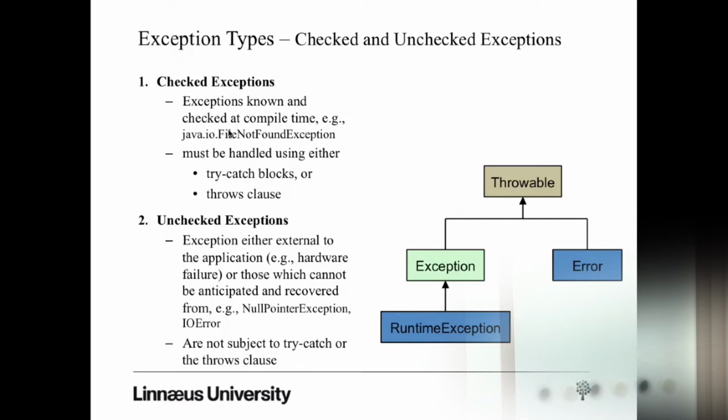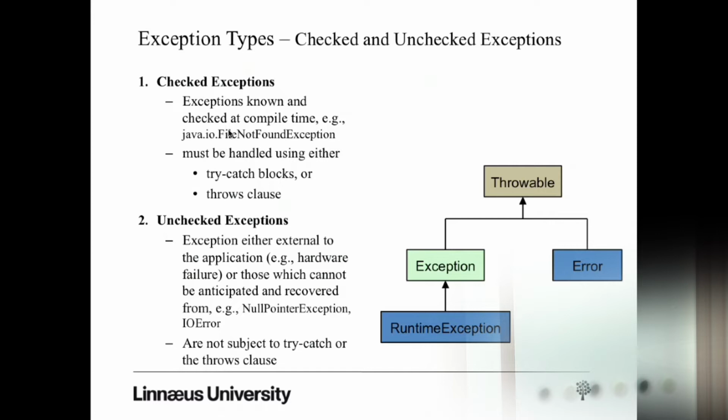The difference is that for checked exceptions, the Java compiler asks you to provide an exception handler in the form of try-catch. We will see what try-catch is. Or you have to specify, using the throws keyword, that in this method an exception is likely to happen.